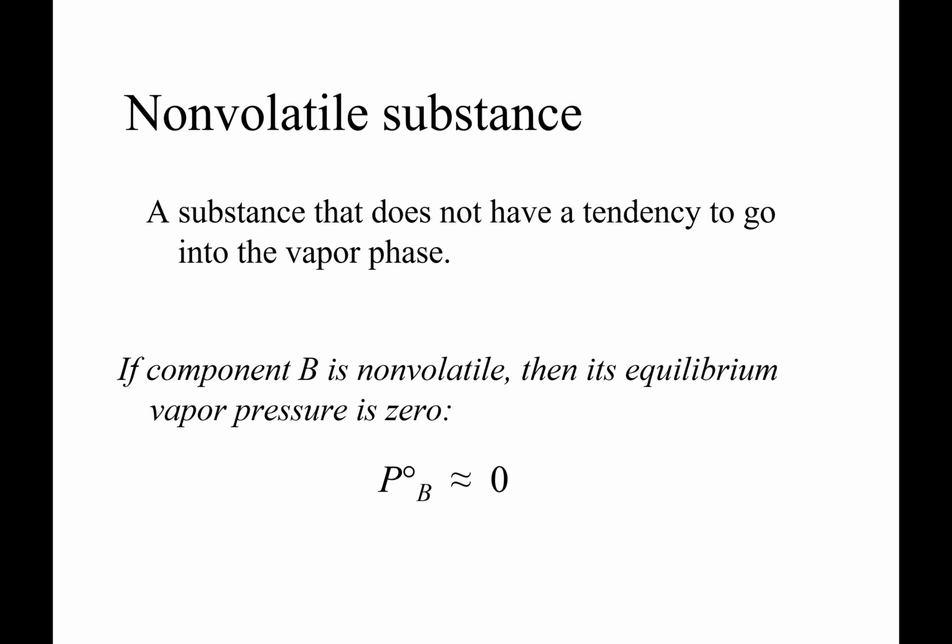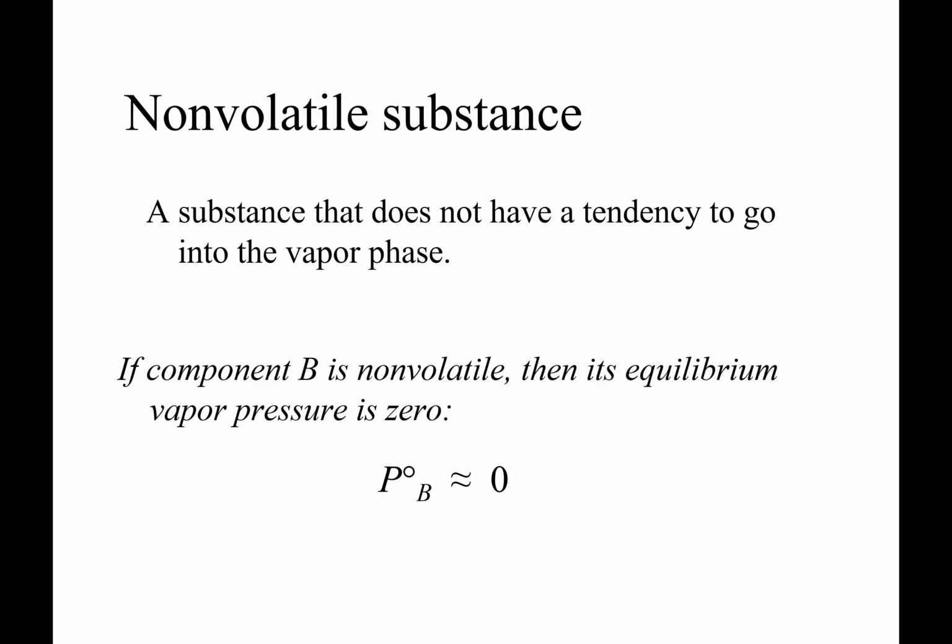So we have A and B in here, and B is non-volatile. You're going to have evaporation to establish an equilibrium of A, but not B. Does that make it more complicated to get pressures and mole fractions? No, it actually makes it easier.